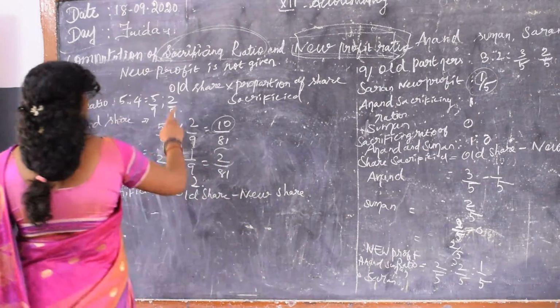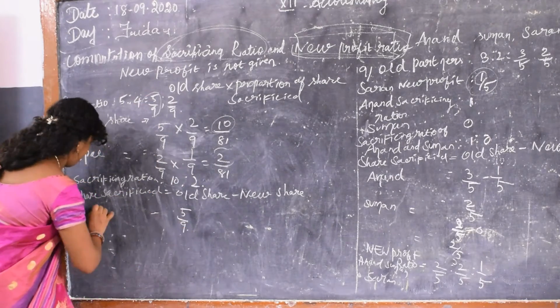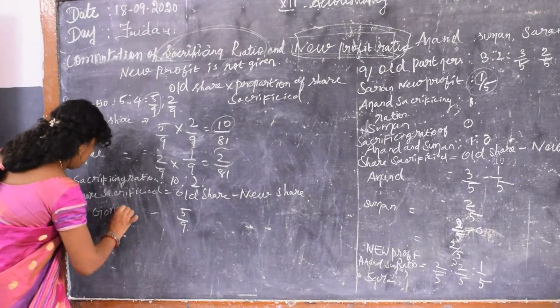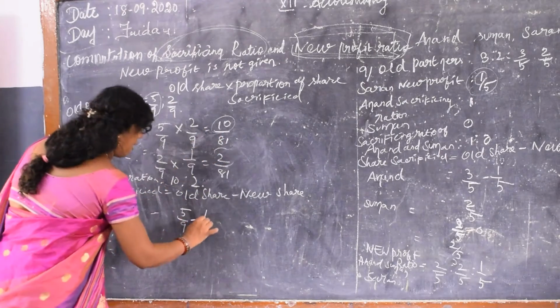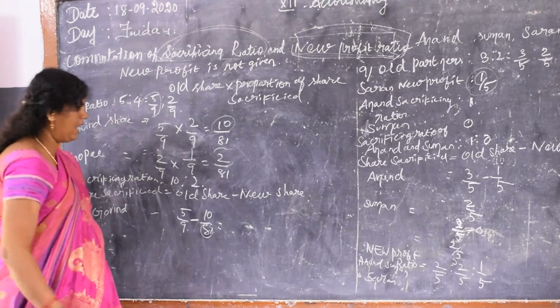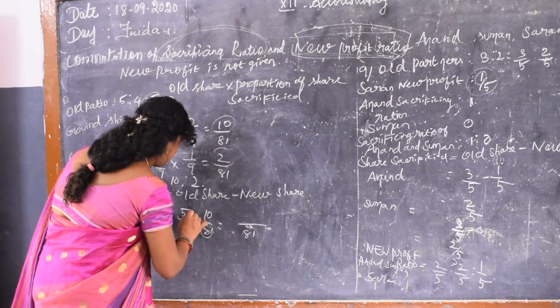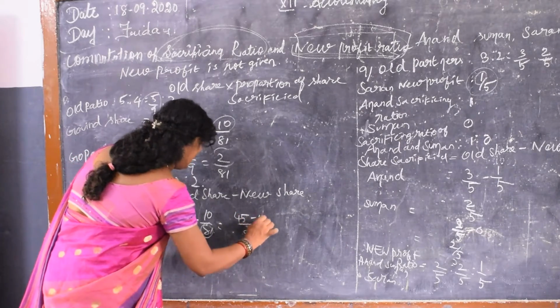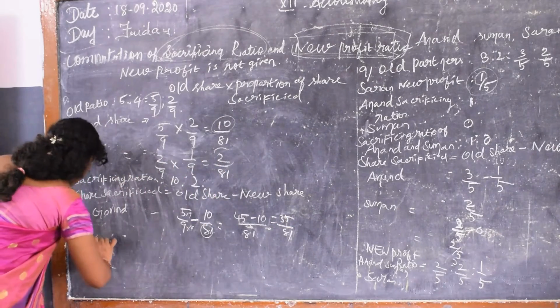We know it is 5/9 for Govind. 5/9 minus new share. We know new share is 10/81. The LCM will be 81. 9 times 5 is 45. 45 minus 10 is 35/81.